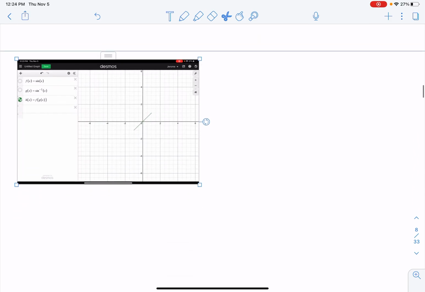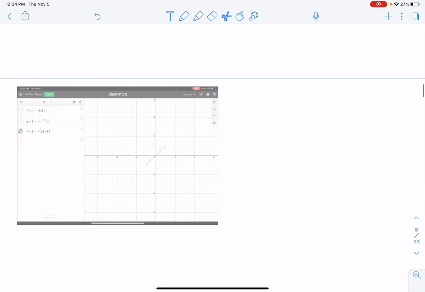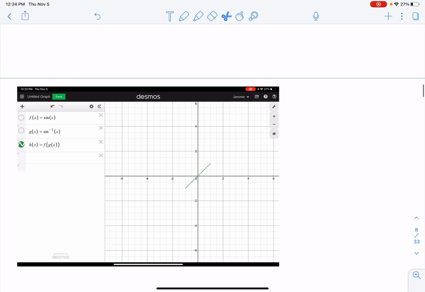All right. The function that I just graphed here was this. Y is equal to, f is on the outside, which is the sine function. On the inside is the inverse sine. And sure, those things are supposed to cancel out and give me y equals x as the definition of inverses.